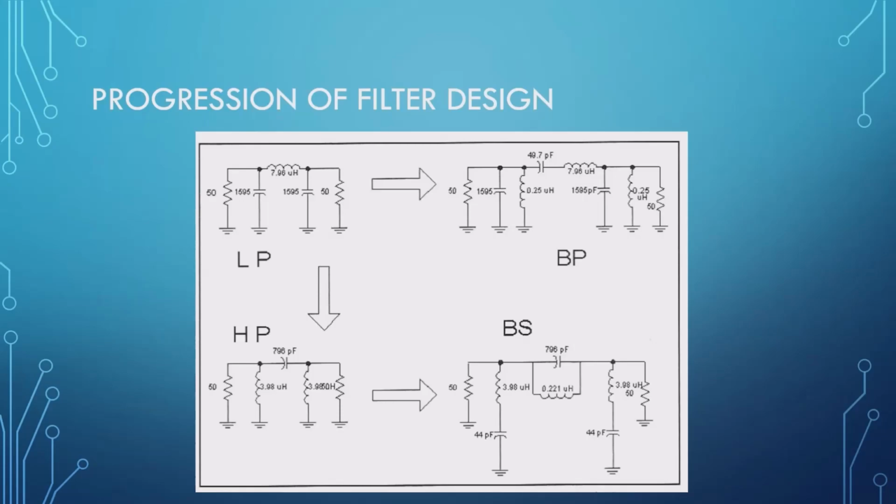If you want a high pass filter, you can take the low pass filter and change it by swapping out the capacitors for inductors and the inductors for capacitors, and you'll get your high pass filter at that resonant frequency. And once you have a high pass filter, you can then build out your resonant circuits for your band stop filter.